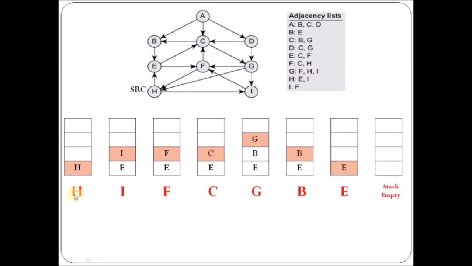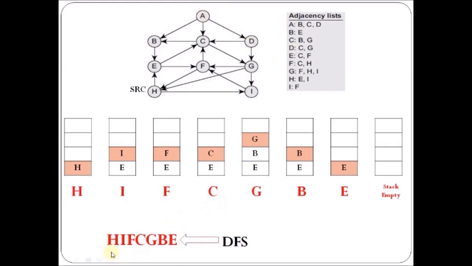The combination of all the elements, that is H, I, F, C, G, B, E, gives you the DFS, that is the depth first traversal for the given graph. Now if we observe carefully, there are two nodes, node A and node D, that are not present in the DFS.